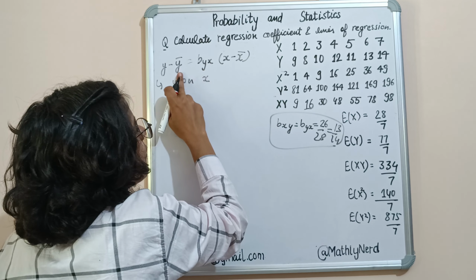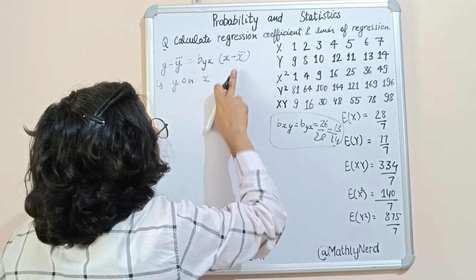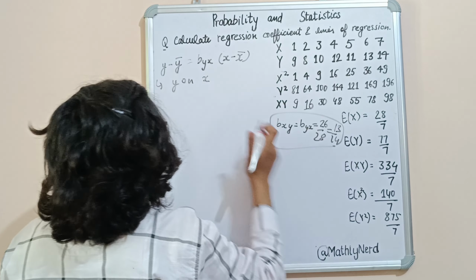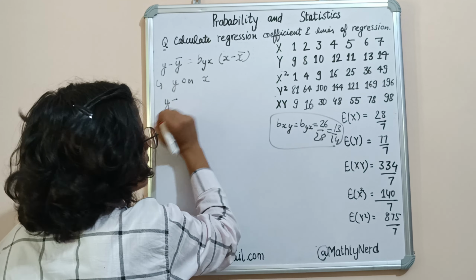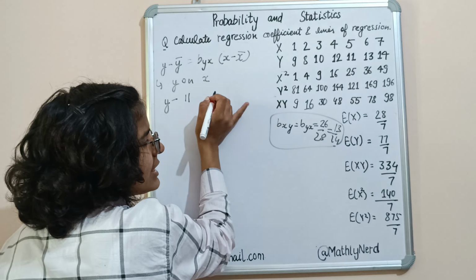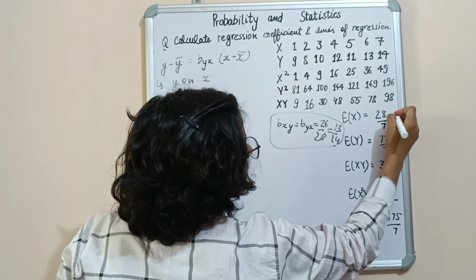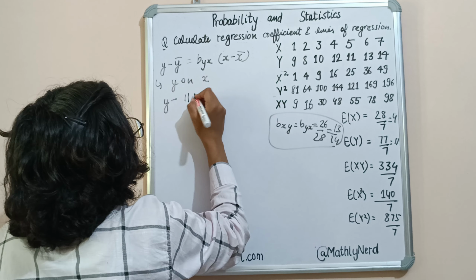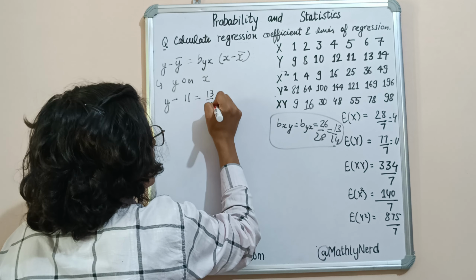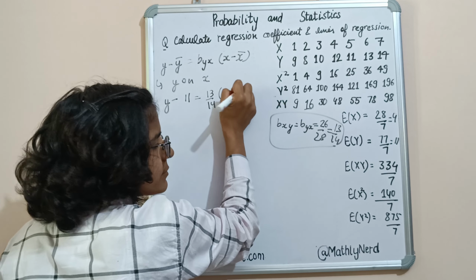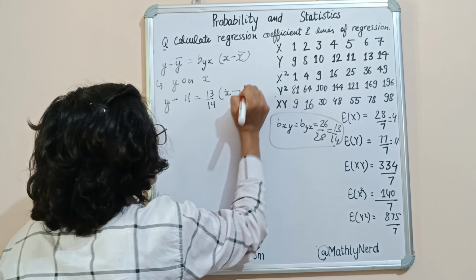As we know, y bar equals E of y and x bar equals E of x. So y minus y bar, 11, 77 by 7 equals 11, and x bar, 28 by 7, equals 4. So y minus 11 equals byx, 13 by 14, times x minus x bar, that is 4.